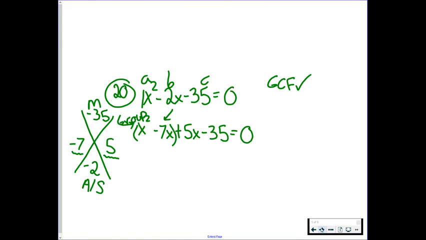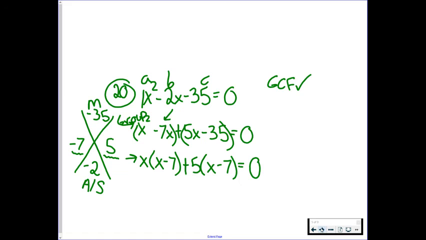So I'm going to group these terms together and pull out their GCF. The GCF out of the first 2 terms is an x, which leaves us with x minus 7. The GCF out of the last 2 terms is positive 5, which leaves us with x minus 7 when we divide both terms by 5, equals 0.